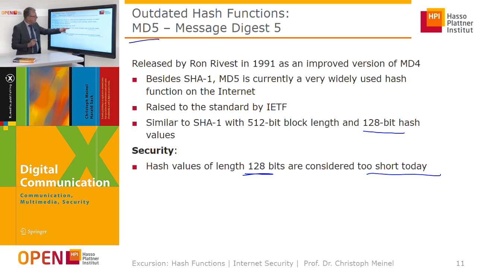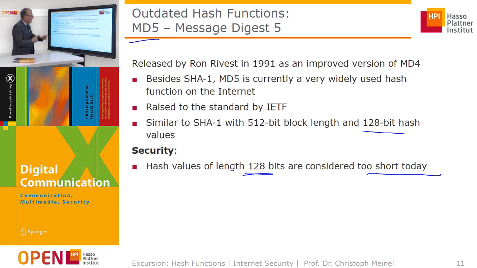To explain this a little bit more in detail, the message is put into blocks. For each block, a hash value is computed, and then the hash value of the old block and the next block are used to compute the next hash value.